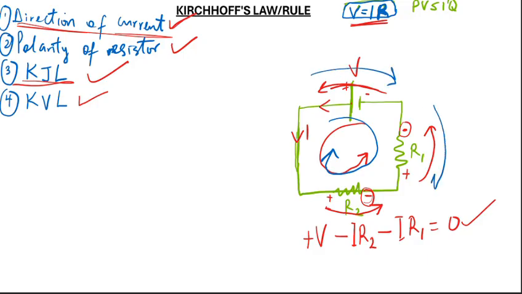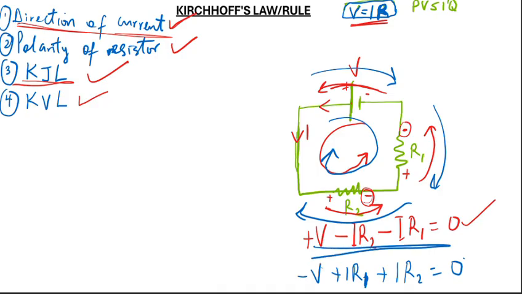Then we know that this is from positive to negative, so we have negative V, then negative to positive, positive IR1, negative to positive, positive IR2 equals 0 also. If I transfer everything to the other side, you get the first equation. Again, it's still the same thing. So that is how our voltage law works. Now let's move to examples.